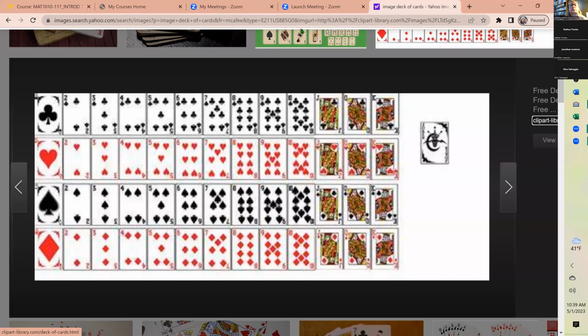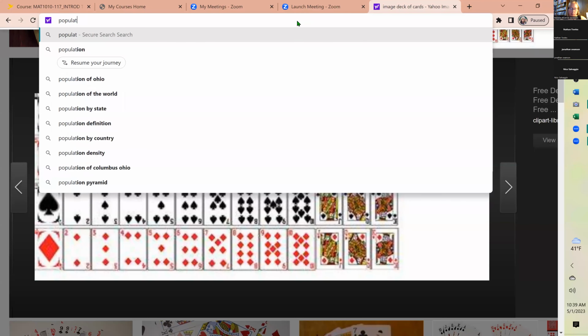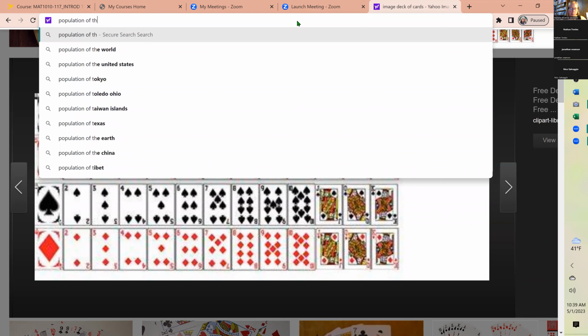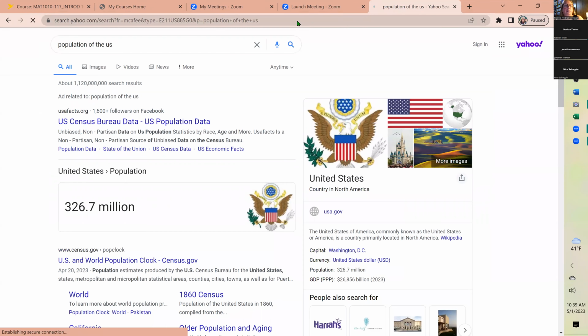So let's do population of the US. 326.7 million. So 330 million.